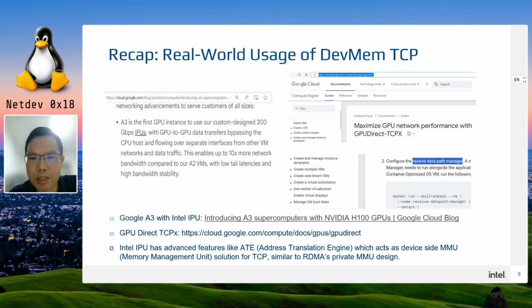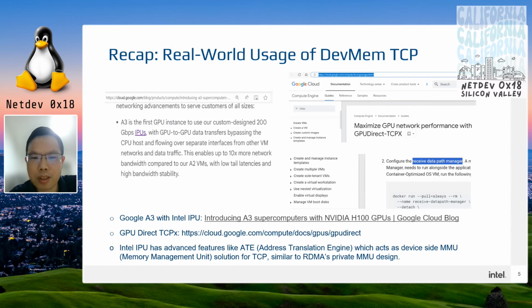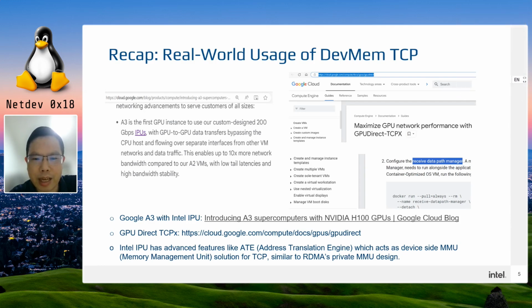One of them is the address translation engine. Every RDMA engine has a private memory management unit. For a normal NIC we do not have such hardware, but the Intel IPU has ATE hardware already designed in.